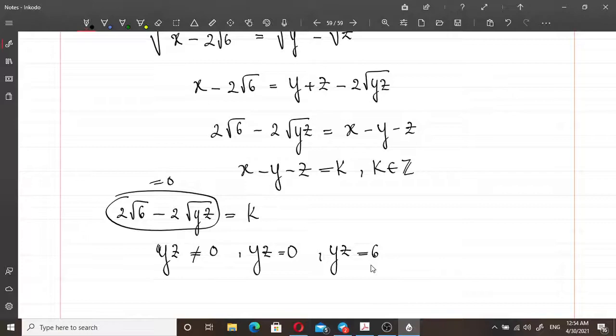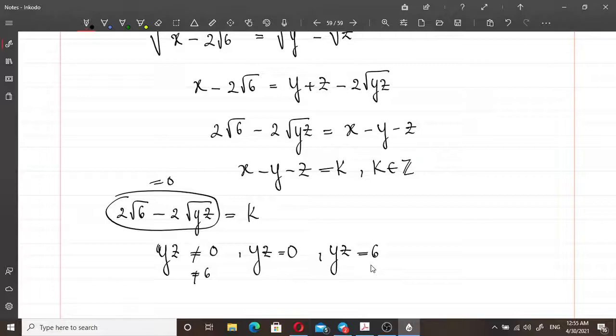Why? Like I said before, if y z is not 6, sorry, I forgot to write this, it will be a problem, because the square root of y times z will not be a square number. So k will be a rational number.